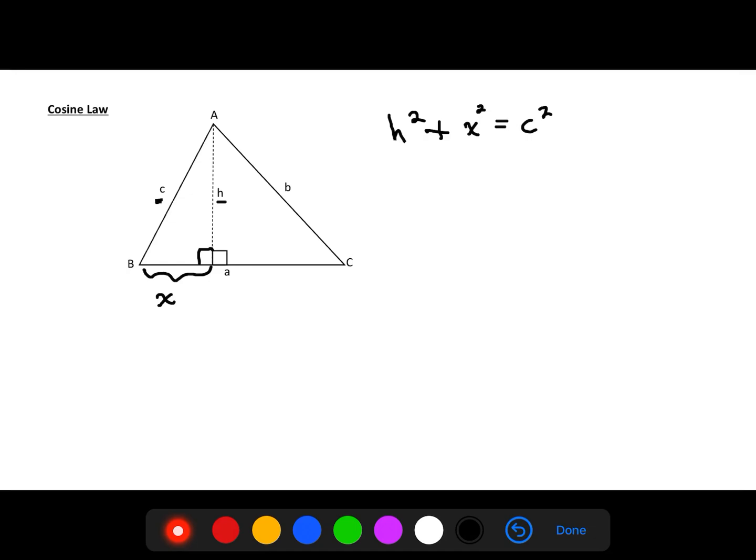To solve for c, we have a right angle triangle in here, and we can use Pythagorean theorem to solve for that.